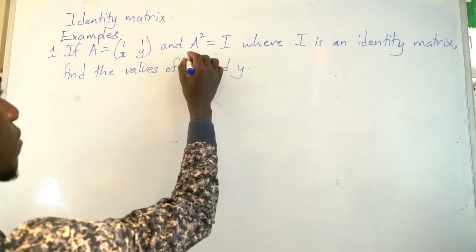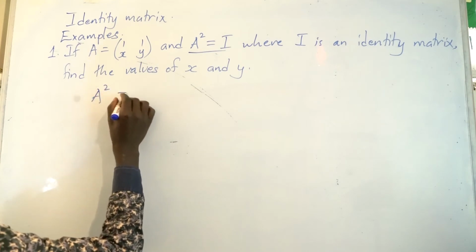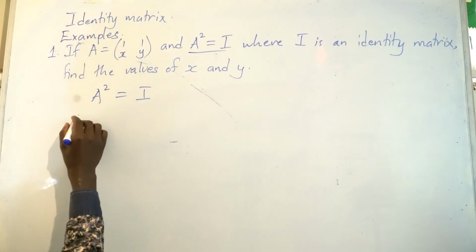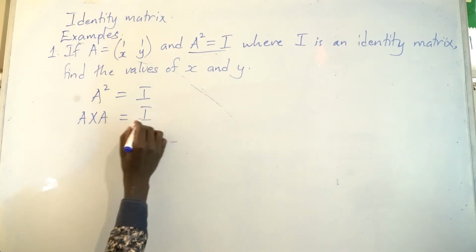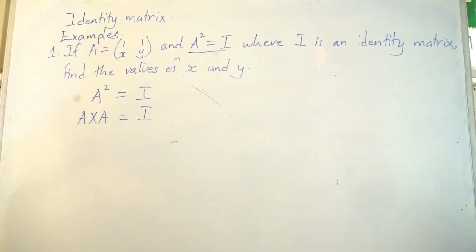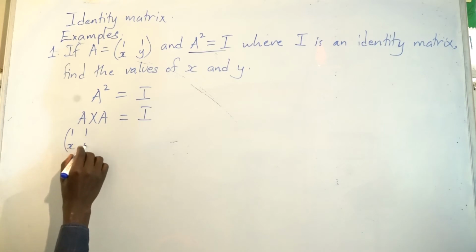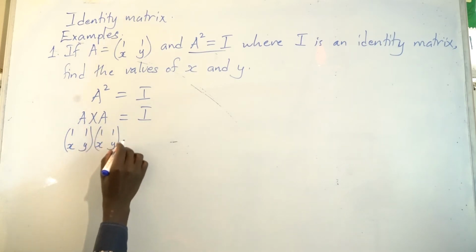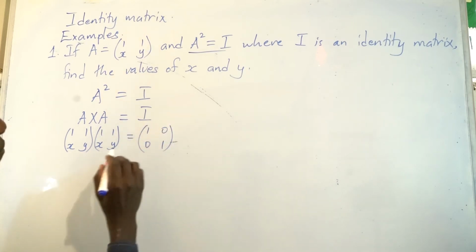So the lead I have is A squared is equivalent to the identity matrix. We saw that in the previous lesson. When they talk about A squared, I substitute 1, 1, x, y times 1, 1, x, y is equivalent to the identity matrix 1, 0, 0, 1.